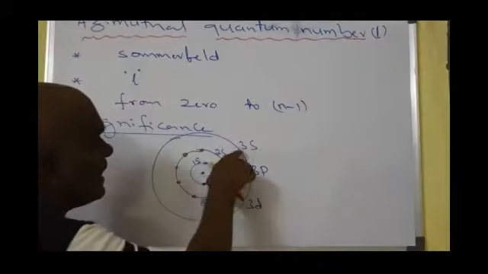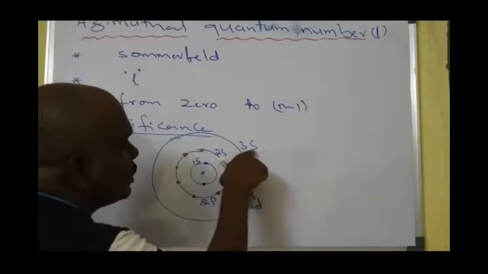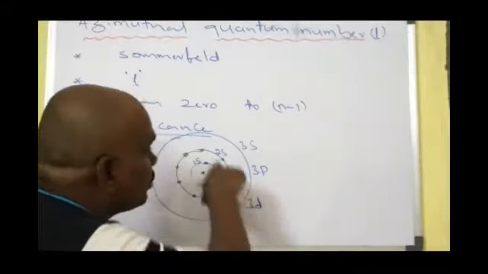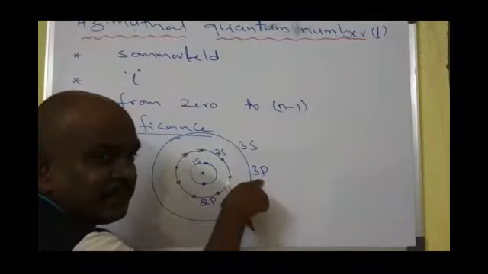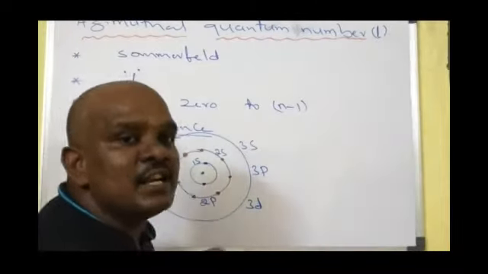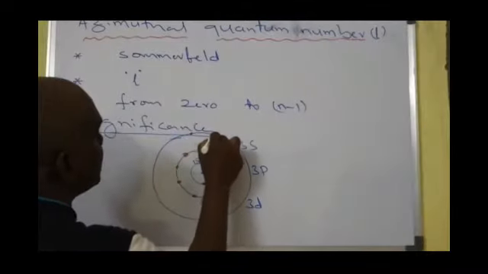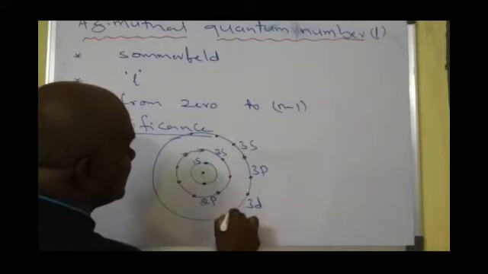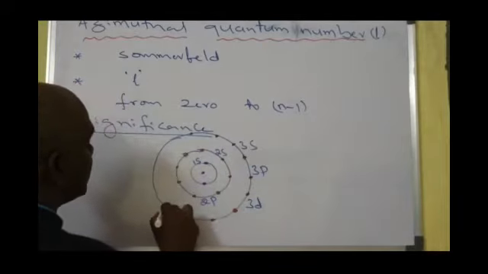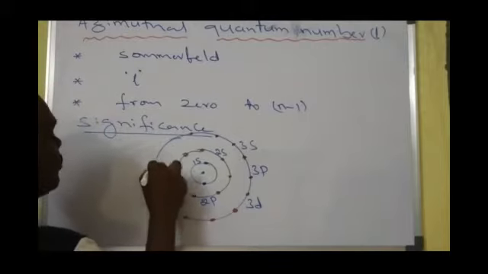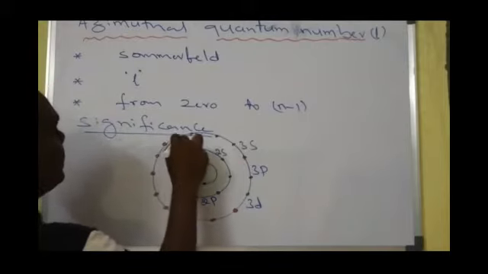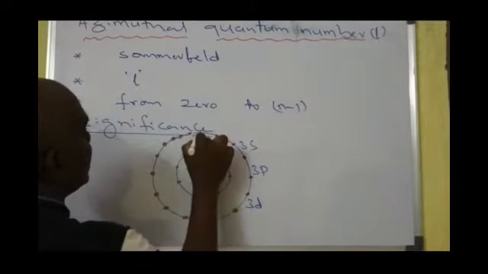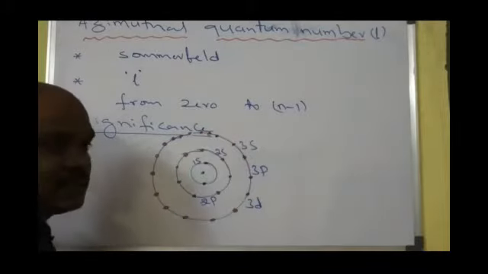Like that, how many electrons are accommodated in an s orbital? 2. In p orbitals, 6. In d orbitals, 10. Totally how many? 2 plus 6 is 8, 8 plus 10 is 18 electrons. Like that, 1, 2, 3, up to 18.